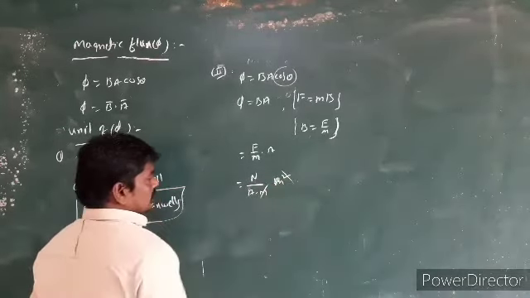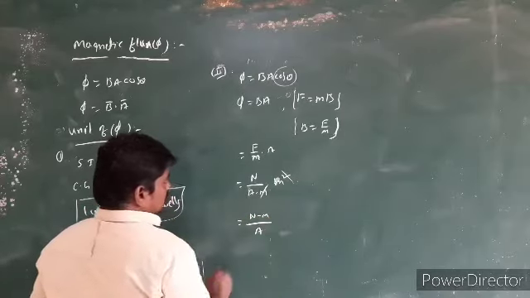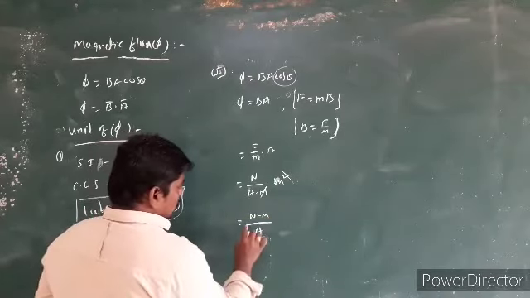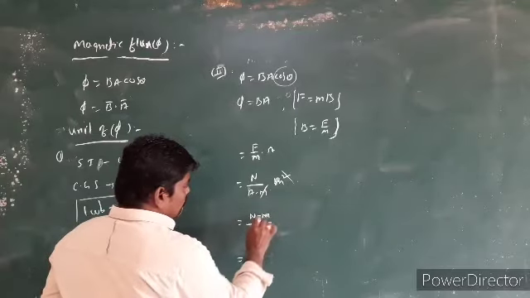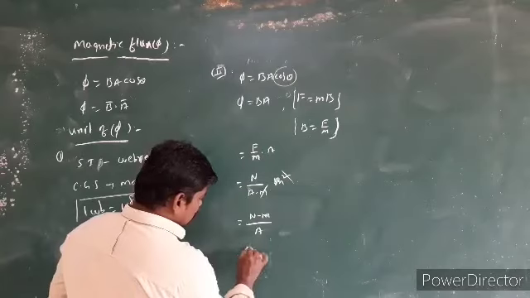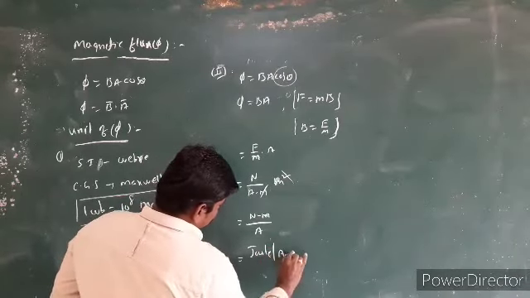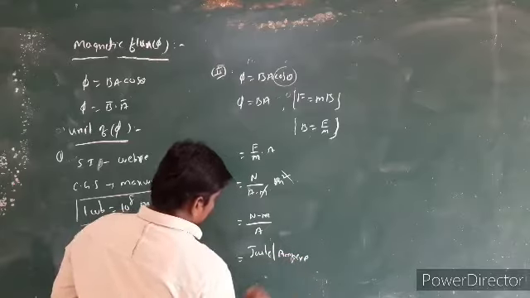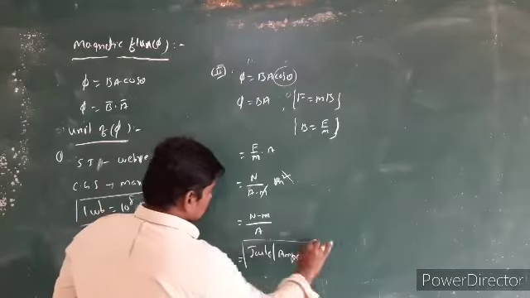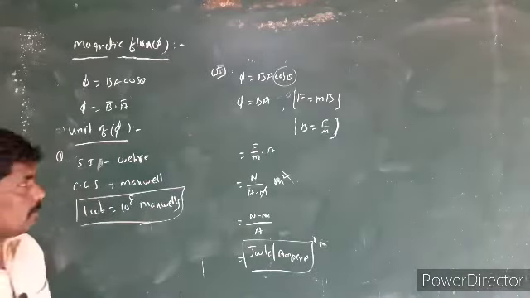Meter cancels with meter square, giving Newton meter divided by ampere. This is one unit. Newton meter means force into distance, which means work done. The unit of work done is joule. So joule per ampere is one unit of flux.